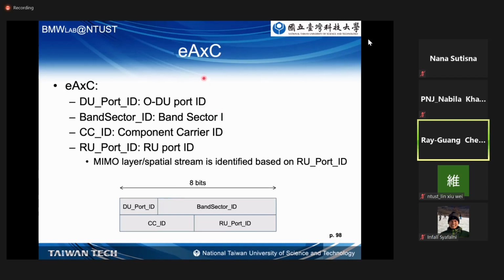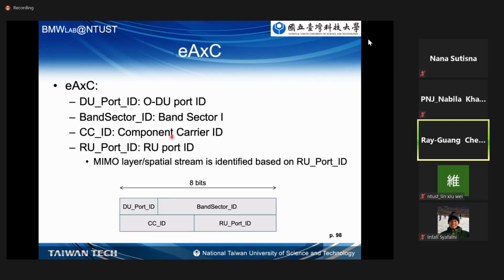What's eAxC? eAxC consists of some information. First one is DU port ID. Second one is band sector. Third one is component carrier ID. Component carrier, what's this? We just mentioned you can use carrier aggregation to enhance the data rate. For carrier aggregation, you need to identify the carrier. So the identification is each carrier.